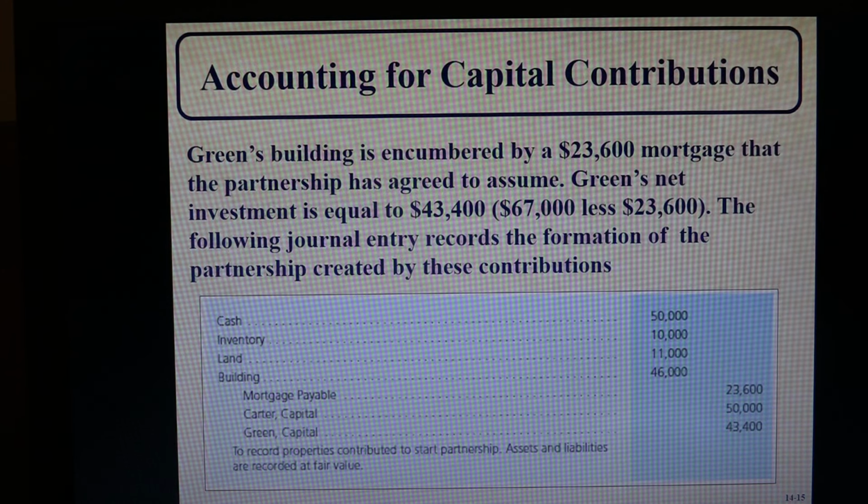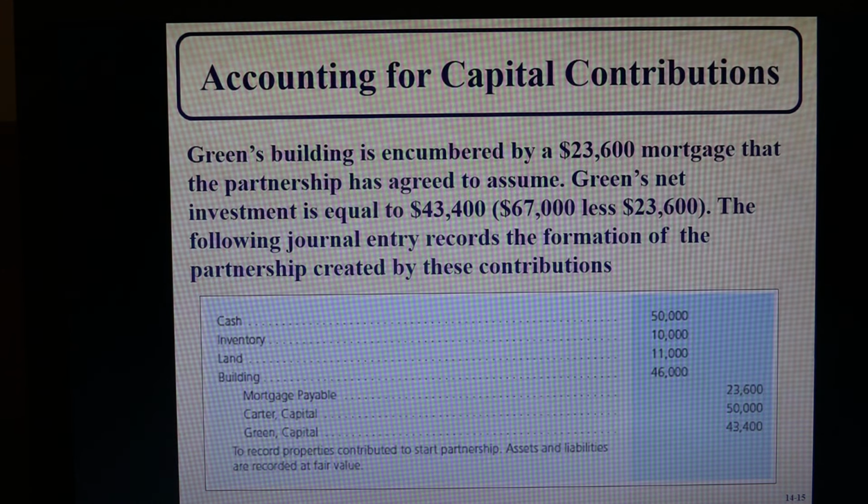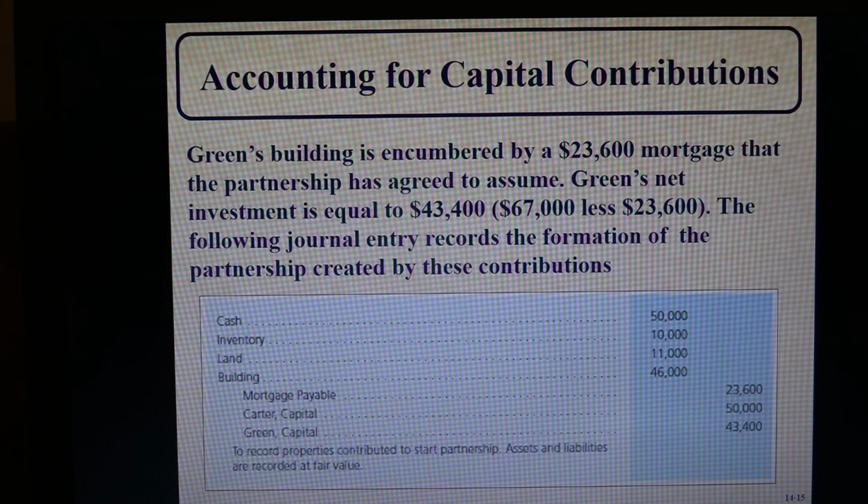But the bottom line is that the $23,600 mortgage that Green's relieved of is subtracted from the fair market value of the non-cash property that they contributed. So $67,000 minus $23,600 mortgage, and so their capital account is going to be the difference between those two, of $43,400.